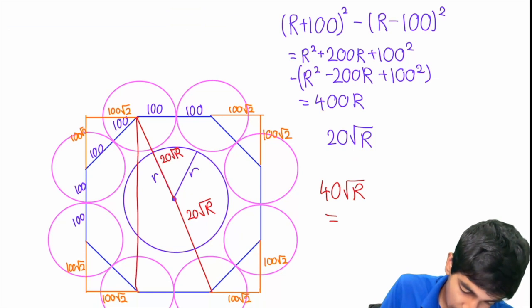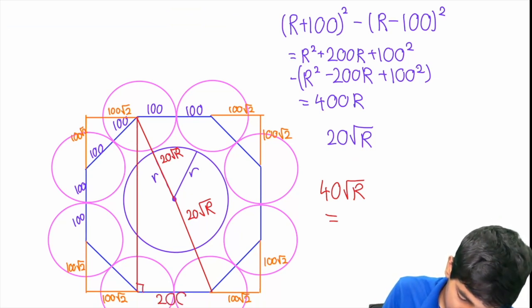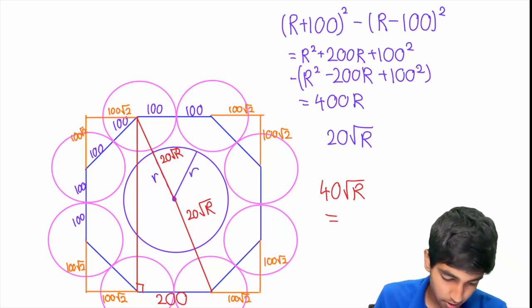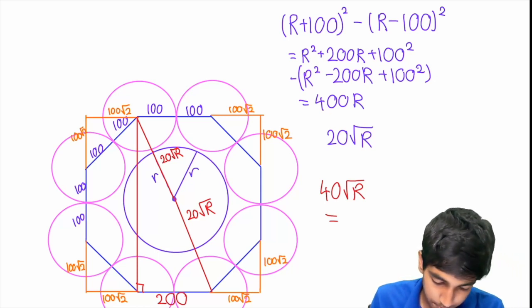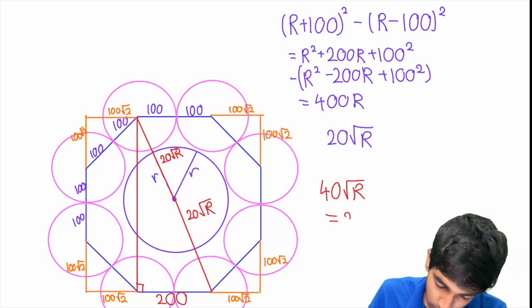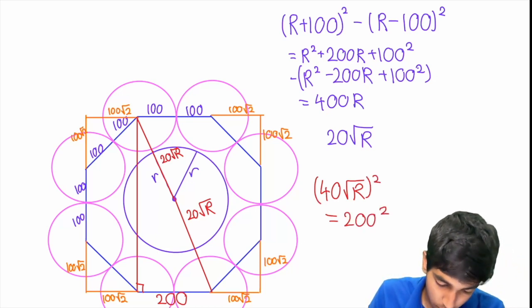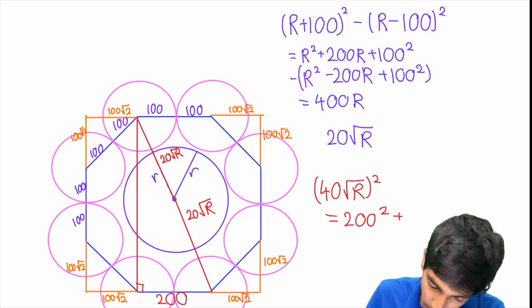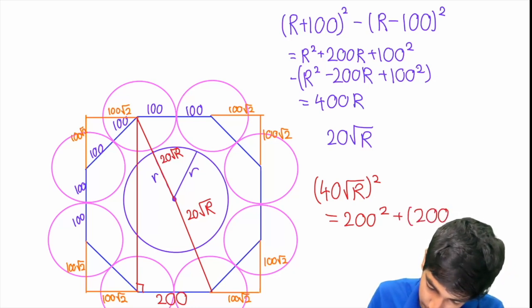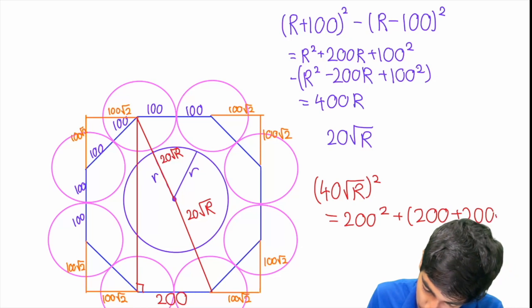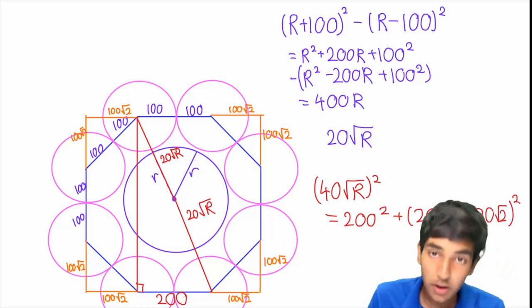So drop the altitude. This thingy is 200. And the height is just 200 plus 200√2. 40√R squared is 200 squared plus (200√2) squared.